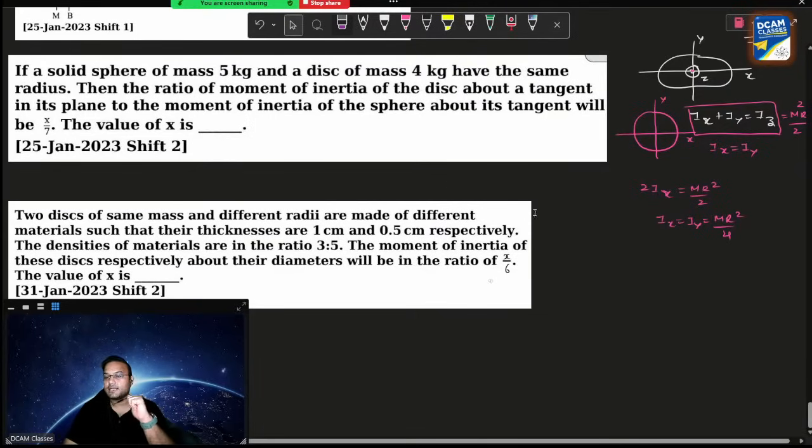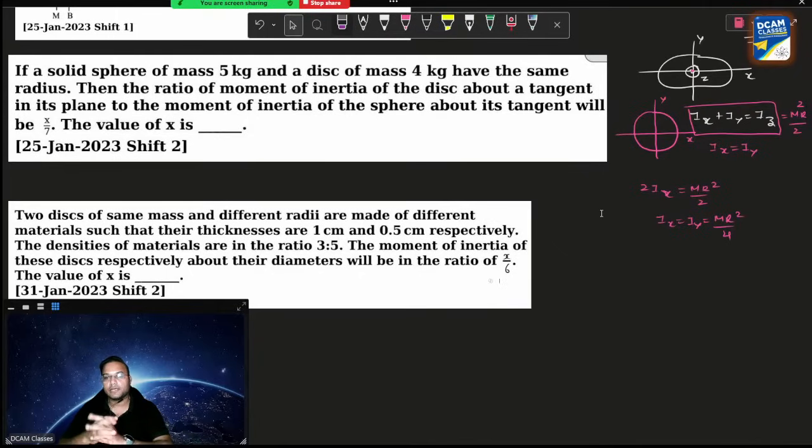See, from the next class in this rotation, the interesting part will start. The conservation of angular momentum, torque, the basic torque theory. I will revise it once again: basic torque theory, then conservation of angular momentum, conservation of linear momentum.